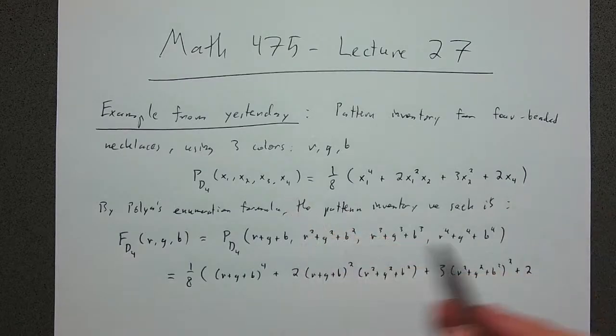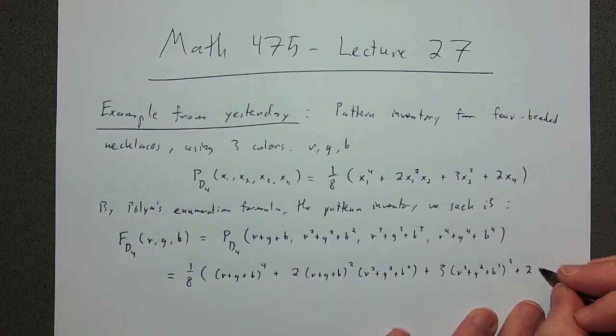X sub 4 is this last slot, and what's getting plugged into that last slot is the sum of the fourth powers.